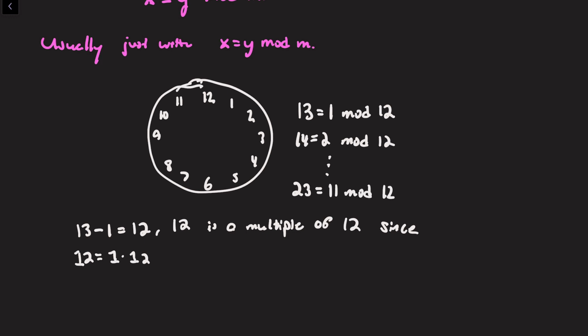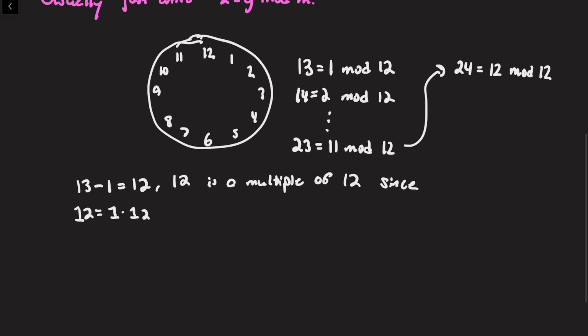But what happens when we get to 24? First off, 24 does equal 12 mod 12. That's easy to see. But also, 24 equals 0 mod 12. And indeed, 12 equals 0 mod 12. This shouldn't be too hard to see.